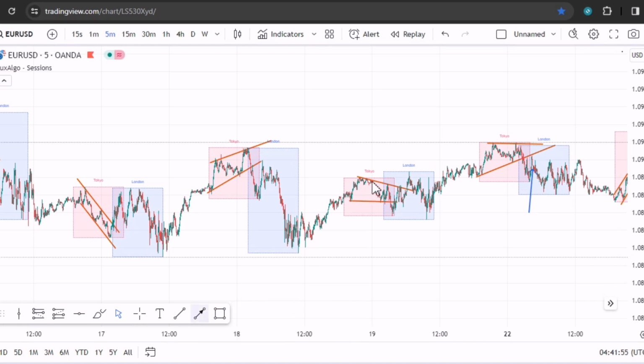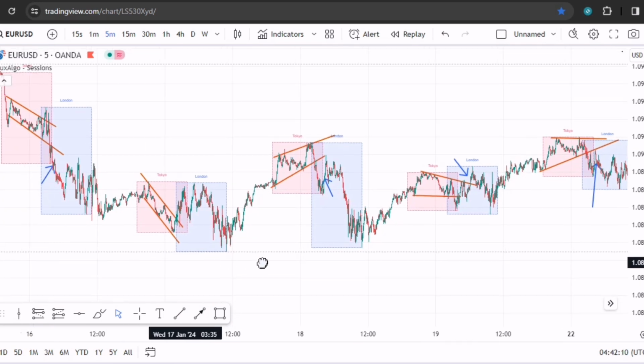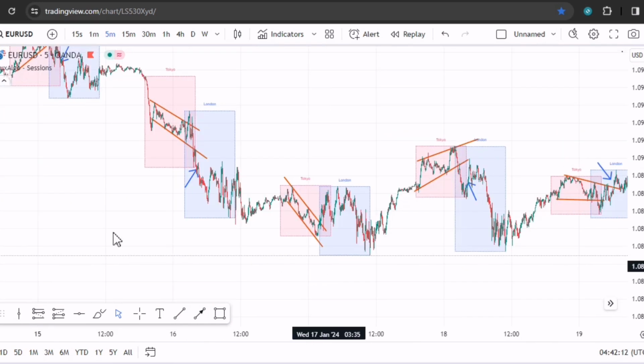You would have had your buy trade there. You would have had your sell trade somewhere here. Some are not clearly visible. You would have had a sell trade there.